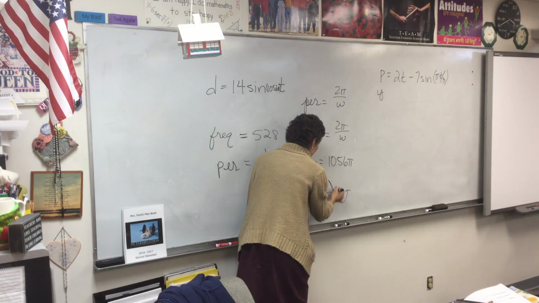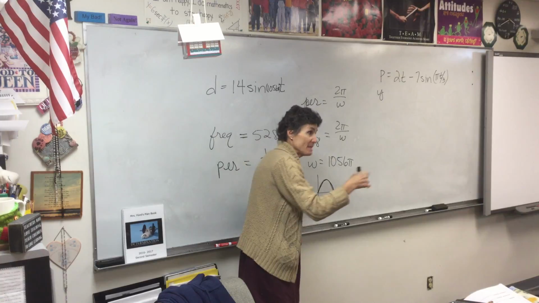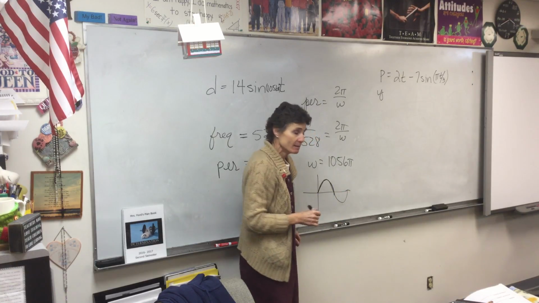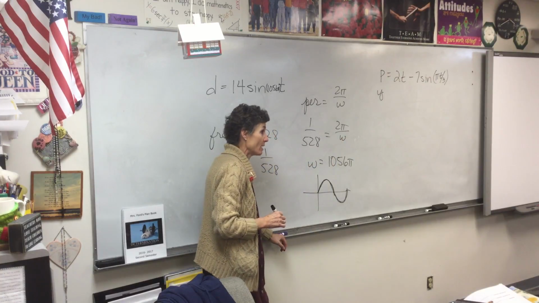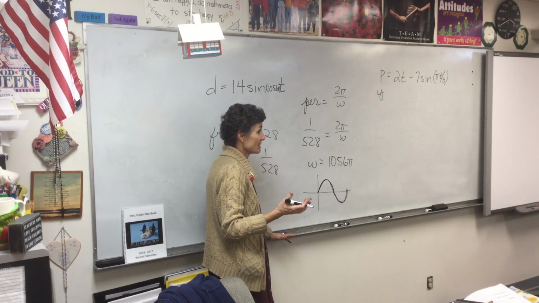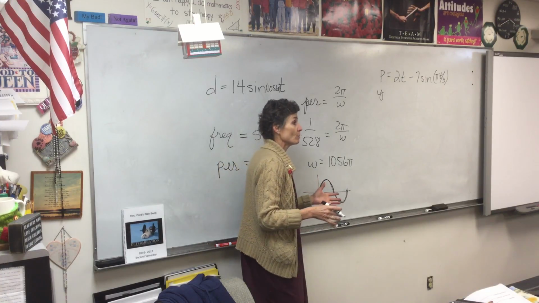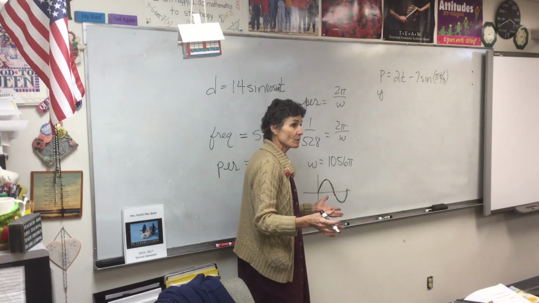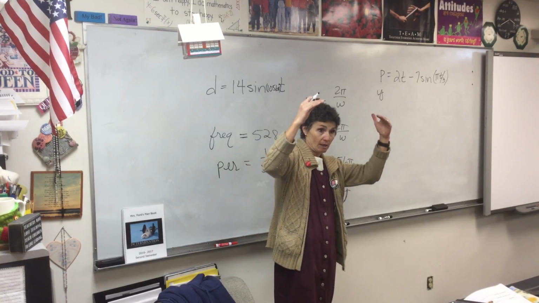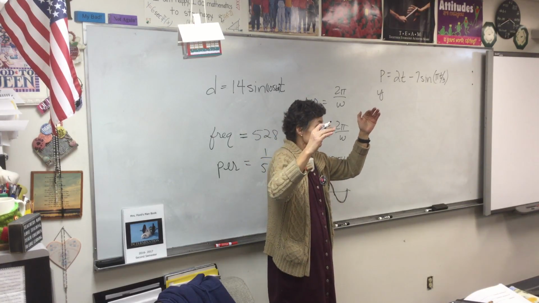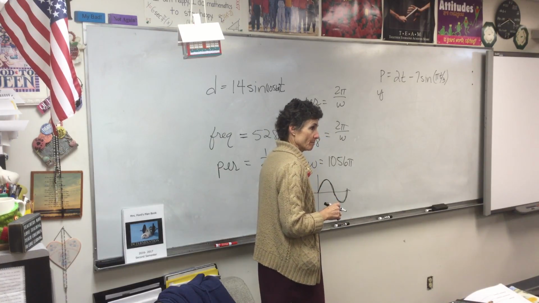So this would be where P is positive, where we're making money, and this would be where P is negative and we are losing money. Does that make sense to you? So when it says find the point where we start making money, we want to find the point where we finally are above.